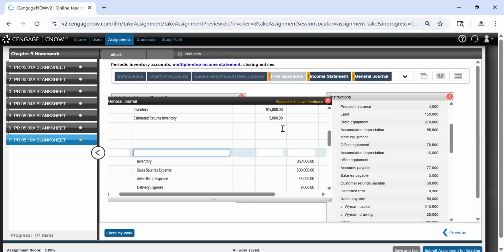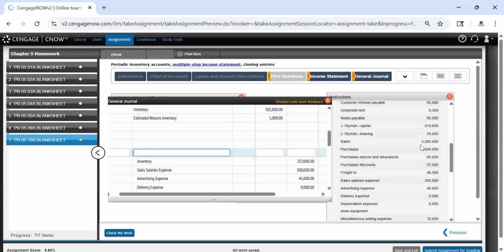Now we have 4 accounts remaining, and we have our 4 main balances here. Our purchases need to be credited because purchases increase inventory or cost of goods sold. In this case, cost of goods sold because our ending inventory is fixed for the purposes of the periodic inventory system, so it needs to be a credit because it's a debit balance.